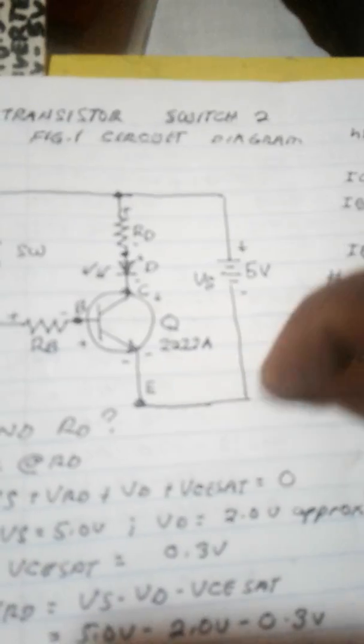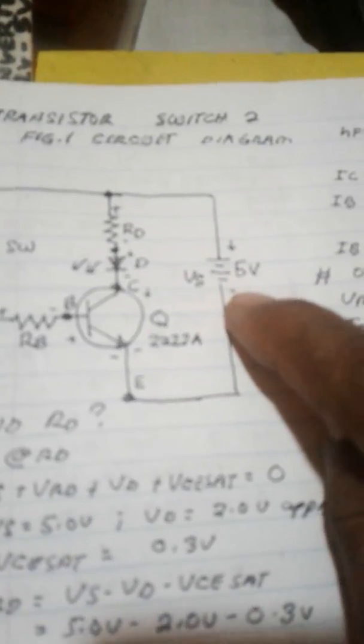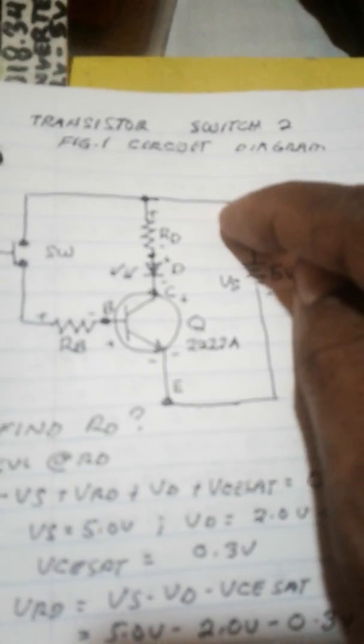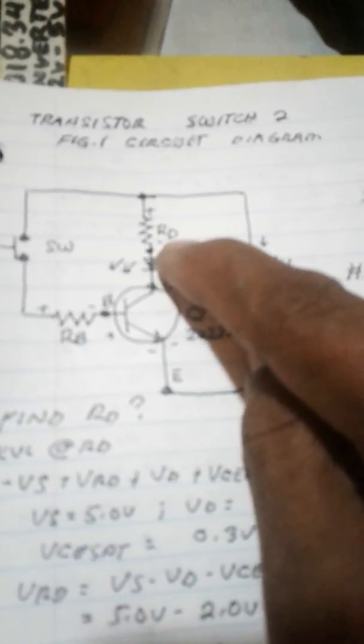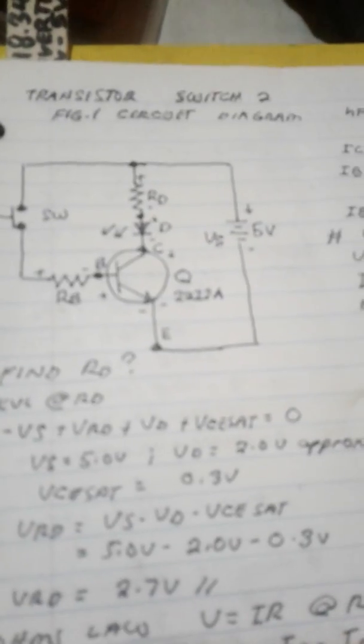We're going to have a Kirchhoff's voltage loop here: negative supply voltage plus the voltage across the diode resistor, the voltage drop across the diode LED, and the voltage drop across the collector-emitter in saturation. The voltage drop from collector to emitter in saturation is 0.3, somewhere in the table. It's 0.3 with this 2N222A transistor.